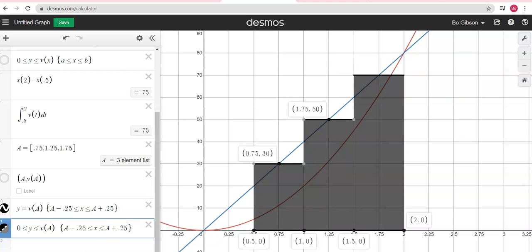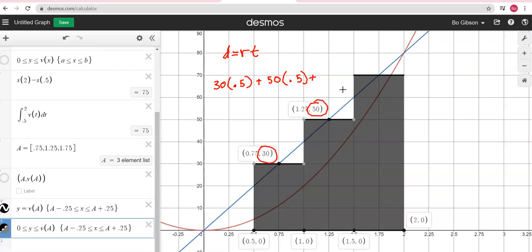Because that's pretty simple, almost 5th or 6th grade math. We know that distance is just rate times time. And so if I was going 30 miles per hour for, what's that interval length? Half a second. And then I was going 50 miles per hour for half a second.